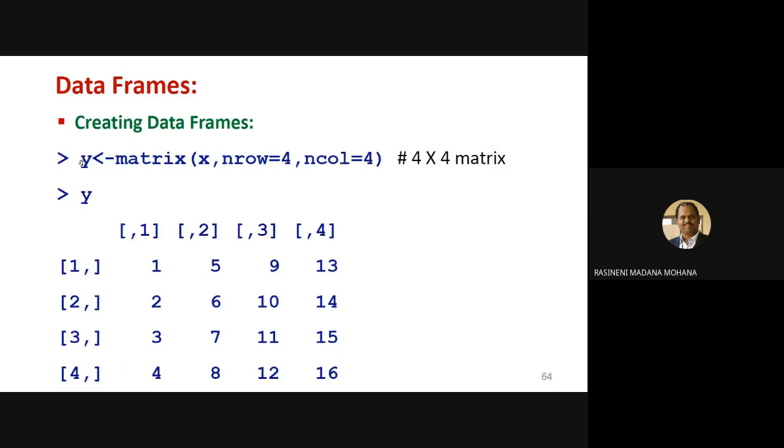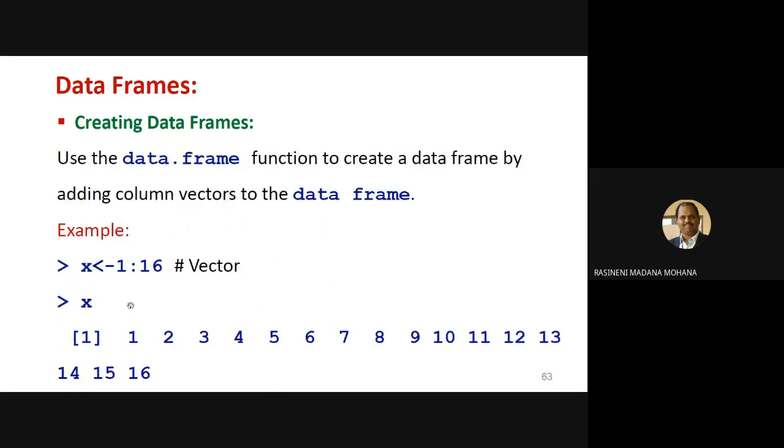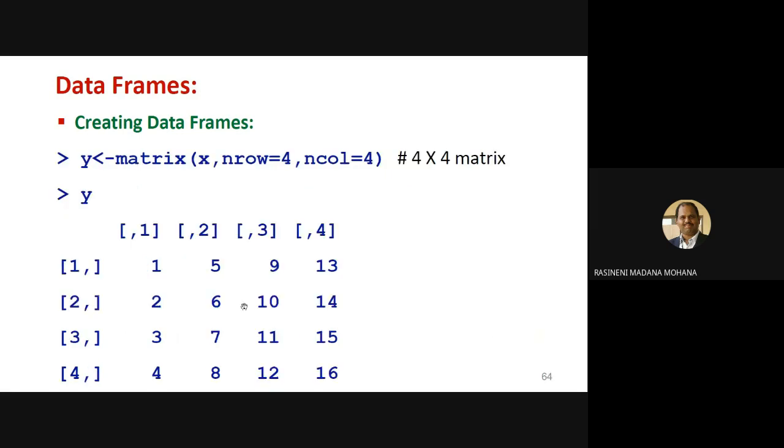Then another vector y, a matrix with 4 by 4 dimensionality. Here, in place of data we used x, so the above vector will be called here. Then the matrix is created by default column-wise, 4 by 4.